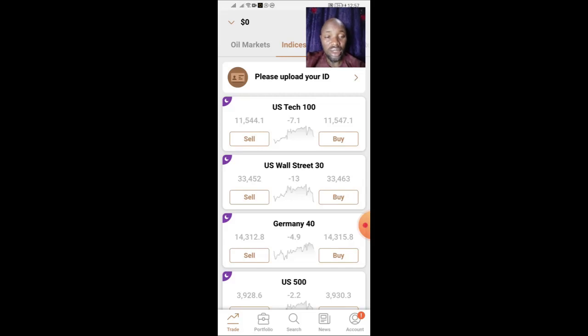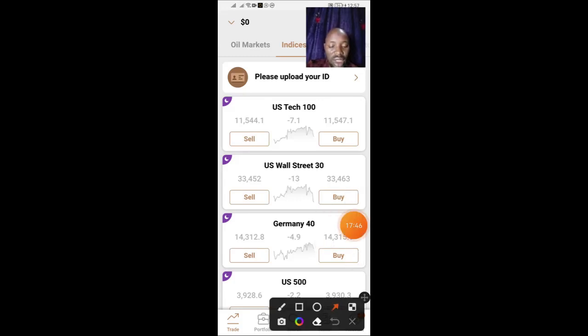And with the market analysis, you will be able to make profit from all this we are trying to point at. So now, these are indices. Just like I said, sometimes indices represent assets by some kind of organization where you buy their shares and you trade it and you make your profit. Like, this is US technology. This is US Wall Street 30. You see, most of these are organizations.